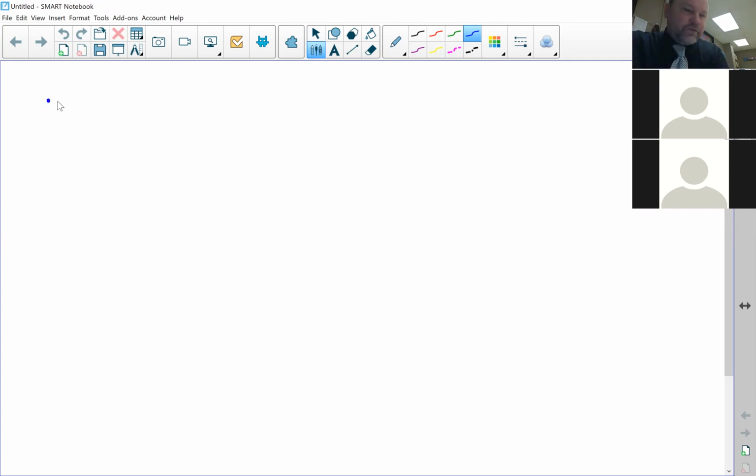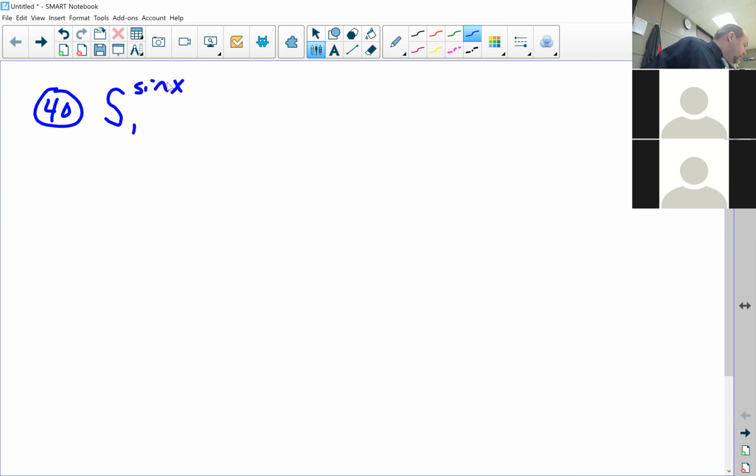So if I'm looking at the right problem, and yell at me if it's not. Going from 1 to sine x of 1 minus t squared over 1 plus t to the 4th dt.